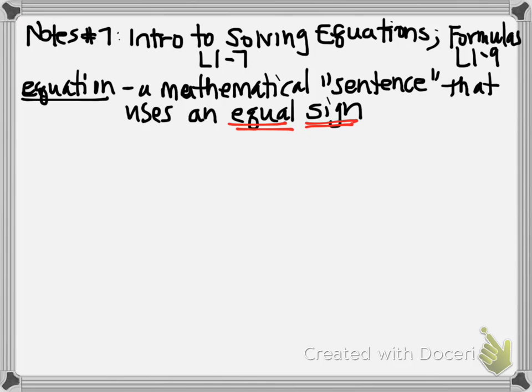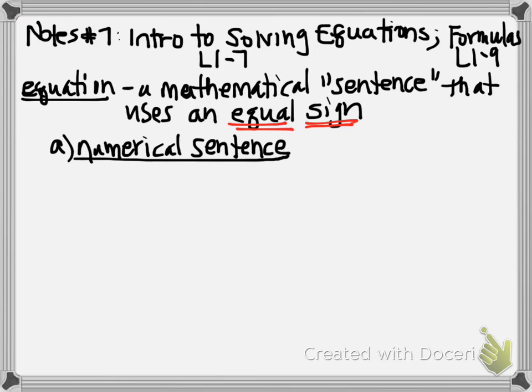Okay. Now, equations break down into 2 groups. The ones that you've studied when you were littler, and those are called a numerical sentence. And you could probably take a guess that numerical means numbers, and that would be absolutely right. So a numerical sentence contains numbers only.